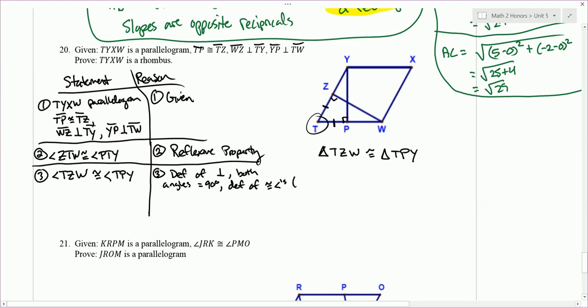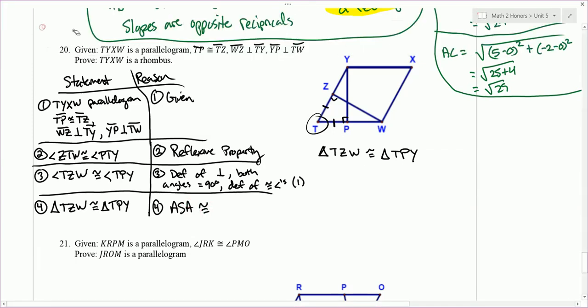And so we're referring to part 1. So now we have enough information here to prove that the triangles TZW and TPY are congruent by angle-side-angle congruence. So that first part we accomplished.